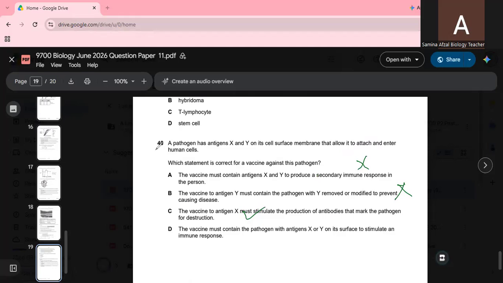So the vaccine does not need to contain both antigens, nor does it need to contain the whole pathogen, only the antigen that triggers a protective immune response. Option C correctly describes the principle for antigen X. So again, this is not the correct option. Only C is the correct option.